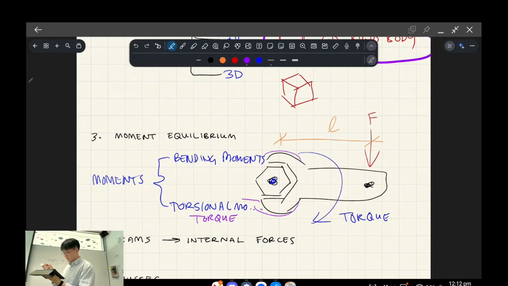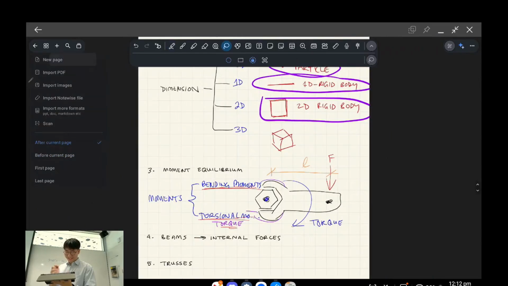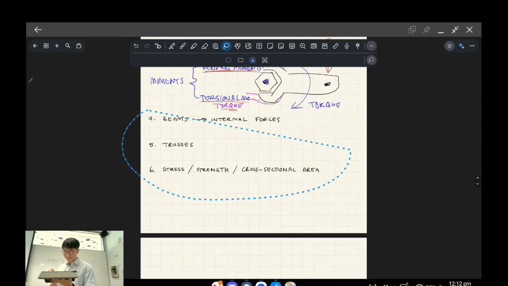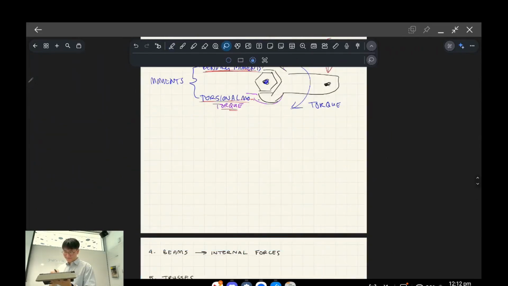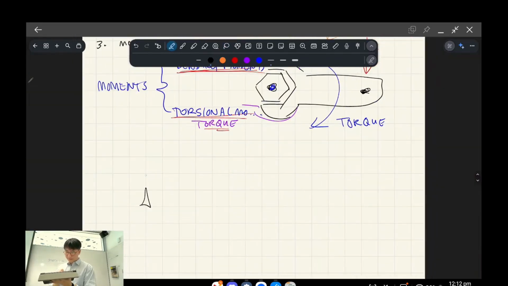Sorry, I'm covering up what you probably need to write down, but that's the way it works. So a question you might have at this stage is, what's the difference between a torsional moment and a bending moment, right? Give me 1 second. If you've ever seen a beam, imagine a plank of wood bridging a gap, suspended in the air.